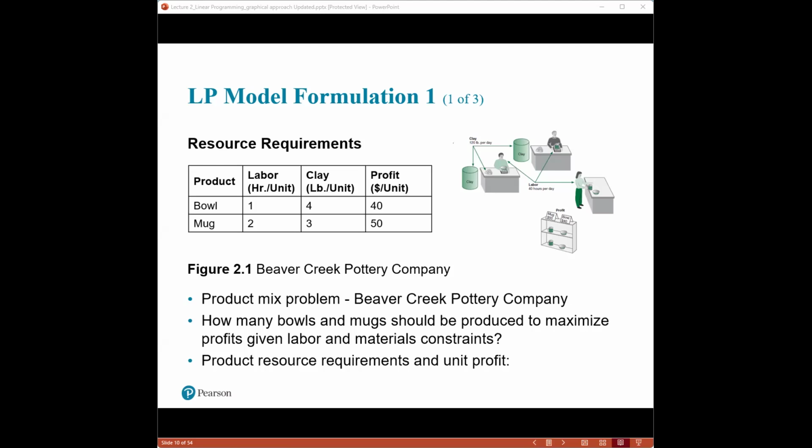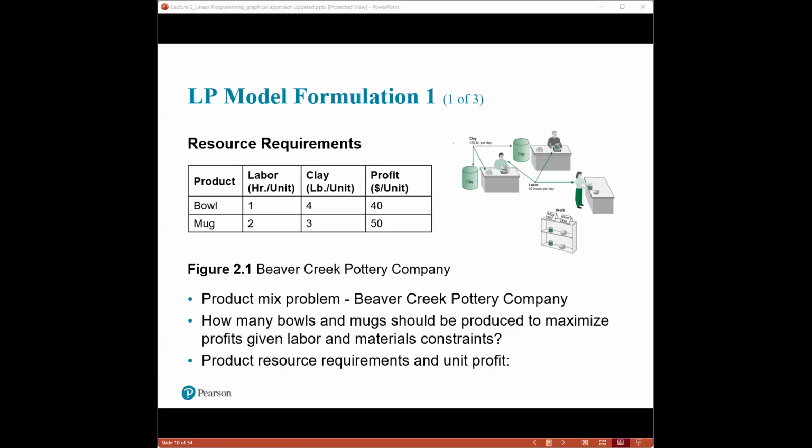Now, first is the labor constraint. What is the nature of the labor constraint? What is the maximum number of hours available? 40. It means that the hours available for you to make bowls and mugs should not exceed 40.